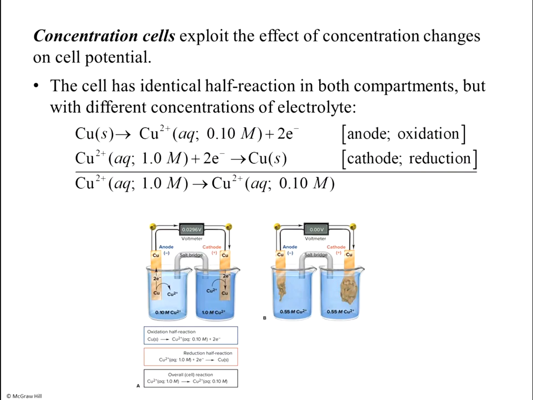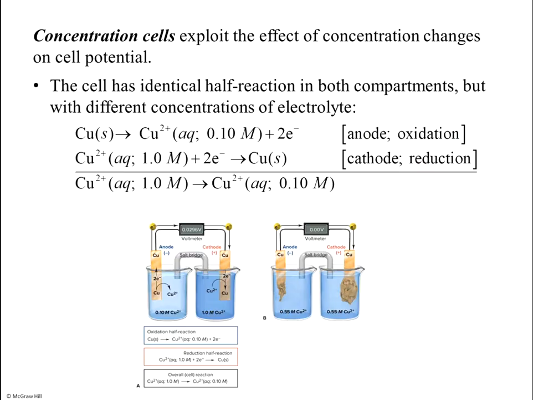Now, there's a special kind of cell called a concentration cell. You can actually take the copper to copper metal half reaction and put it in both sides of your electrochemical cell. You can make it both the anode and the cathode. How does this work? Well, you simply change the concentrations between the two cells. So one cell, as you can see from the figure on the left-hand side, has a lighter color to it.